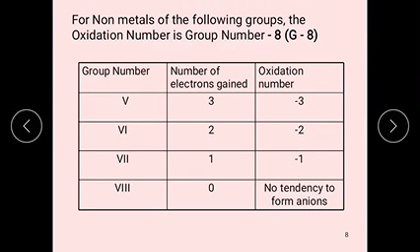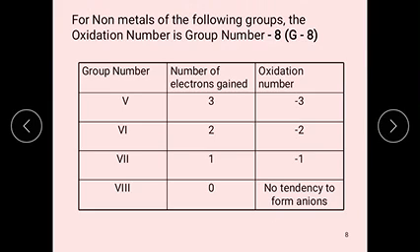For example, take a fifth A group element. It has five valence electrons and is capable of accepting three electrons. Then its oxidation number is -3, for any non-metal.